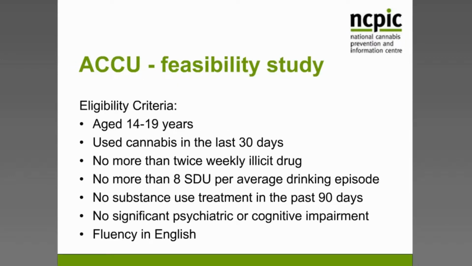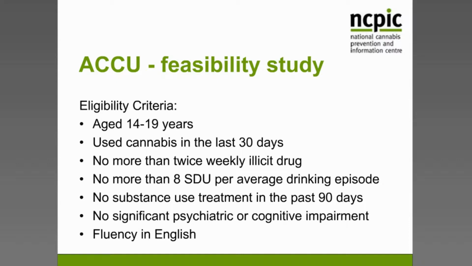So back to the feasibility study. We wanted, as I said, to see whether young people, through teachers or parents or any concerned other, would come to see us to talk about their cannabis use, and after speaking to us, did they reduce their cannabis use? And so the eligibility criteria, as you can see there, is 14 to 19.